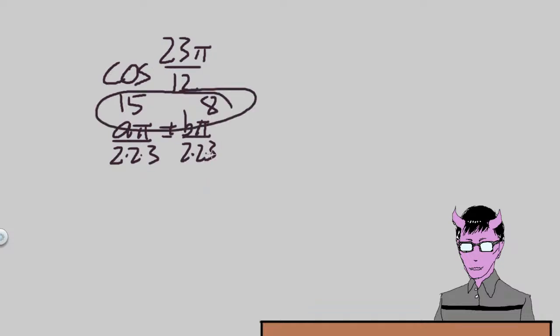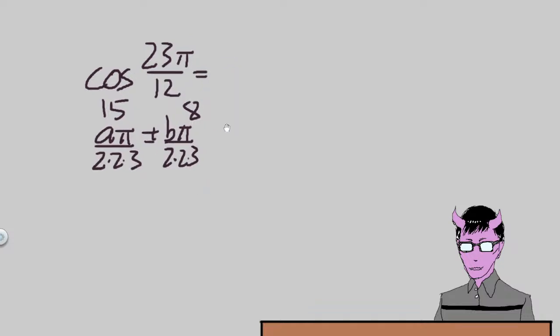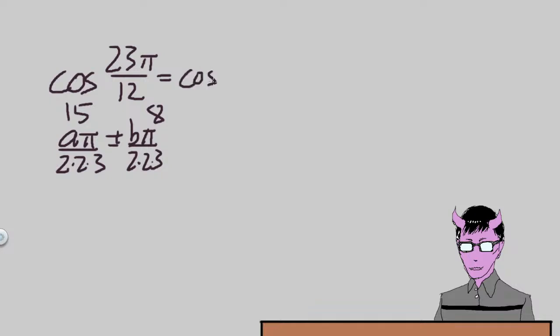So I think that's optimal. So we're going to split this one into 15 pi over 12, which again, divisible top and bottom by 3, so we have 5 pi over 4. And then the second one is going to be 2 pi over 3.